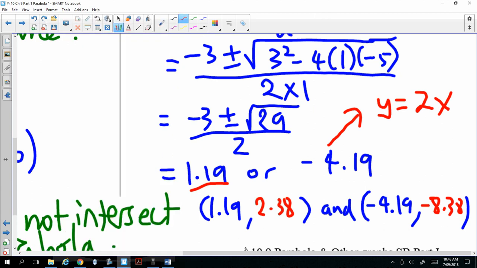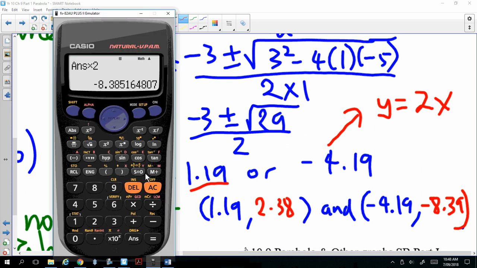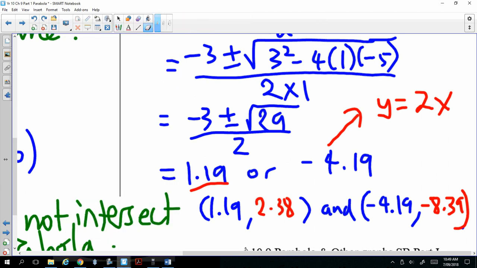So 2.39, correct, to 2 decimal places. And same for the other one. So you go back, change it to a plus, equal, and then double, 2.39, okay? So you should write 39. So the inaccuracy is due to the rounding. Okay, so make sure you use the exact answer when you substitute into x, yeah?